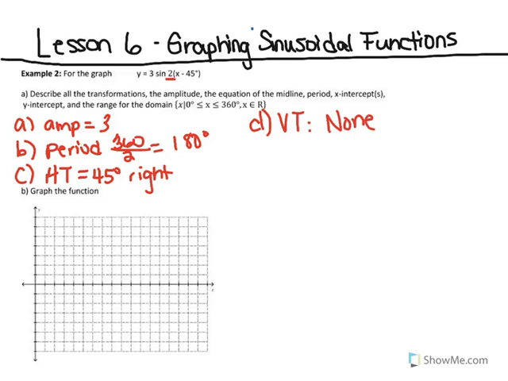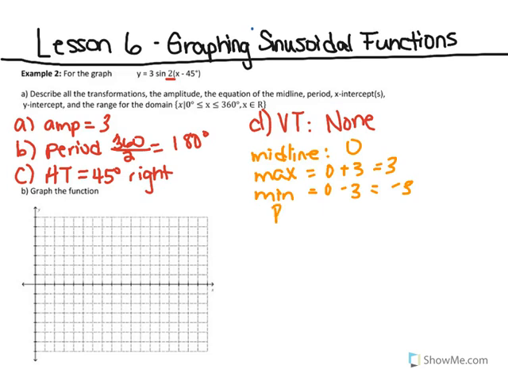So we're going to also figure out what our midline is. So because it hasn't moved up and down at all, our midline is 0. So our maximum point is 0 plus 3, which is 3. And our minimum point is 0 minus 3, which is negative 3. Our range is y such that negative 3 is less than or equal to y, less than or equal to 3, for all the elements of the real numbers.